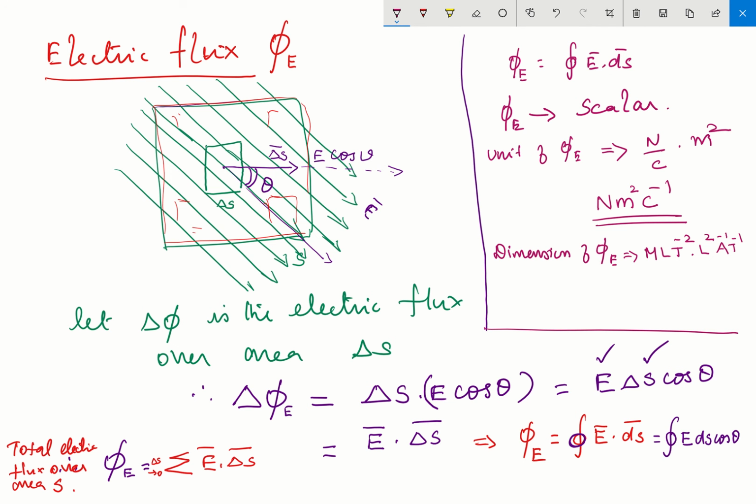Therefore you will get M L cube T power minus 3 A power minus 1. So M, L cube, T power minus 3, A power minus 1. This is the dimension of the electric flux.